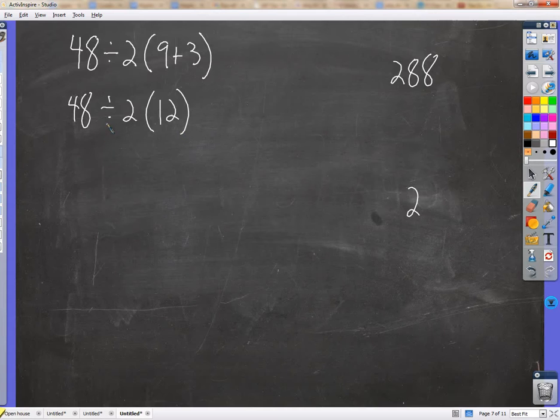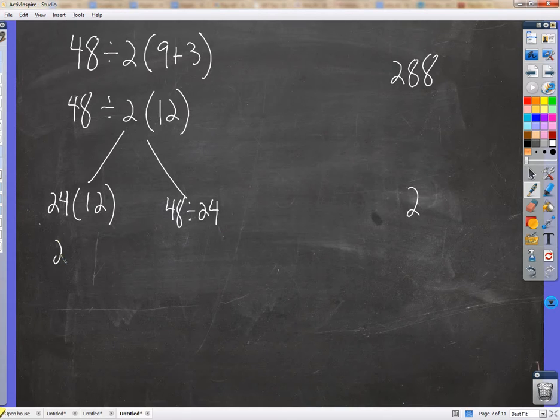Either you divide by 2 first, or you multiply 2 by 12 first. One of those things has to happen. So this is 24 times 12 if you divide first, or it's 48 divided by 24 if you multiply those together first. And so 24 times 12 is 288, and 48 divided by 24 is 2.